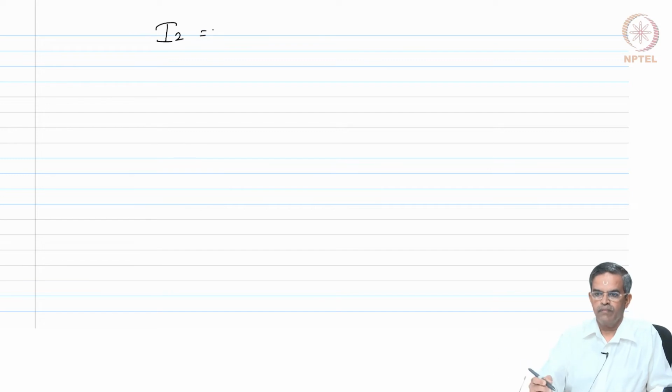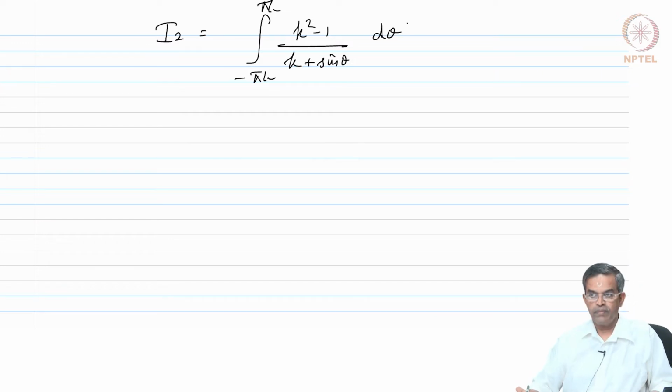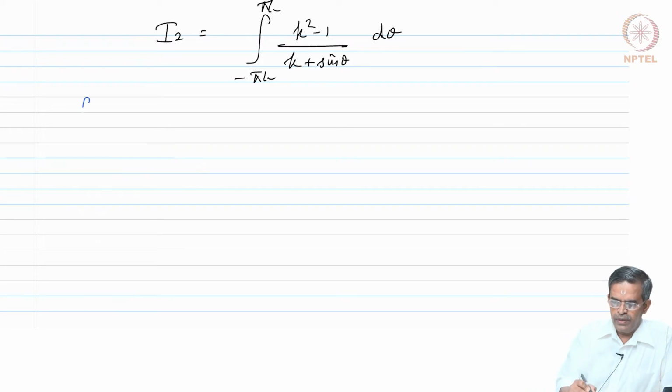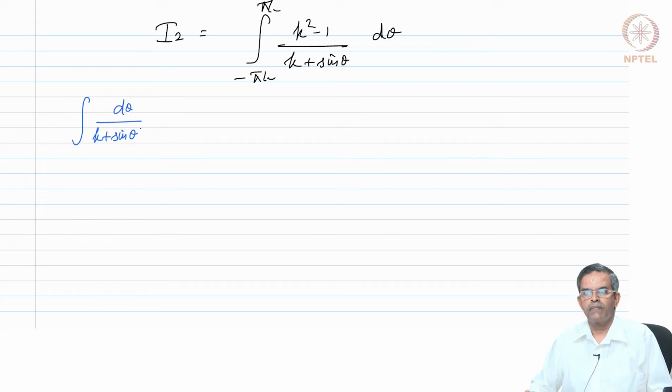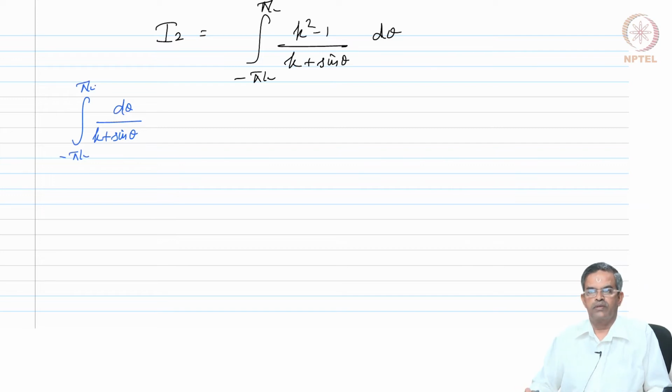Let us try to find I2, which is the integral of k square minus 1 by k plus sin theta d theta. So, let us first evaluate the integral of d theta by k plus sin theta from minus pi by 2 to plus pi by 2.